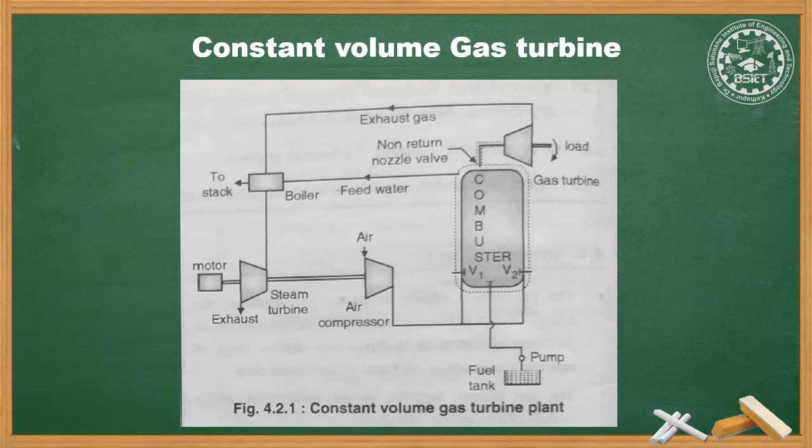The shortcomings of this system are: the number of automatically operated valves required is more, which increases the cost of the plant. The components should have sufficient strength to withstand high pressure, and combustion is intermittent, and this impairs the smooth running of the unit.